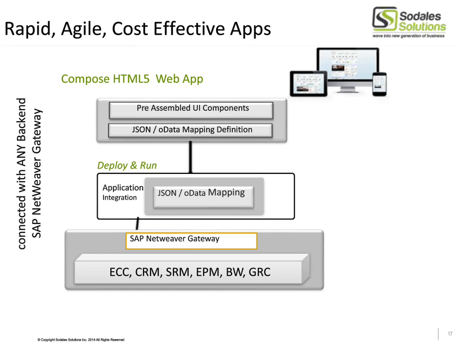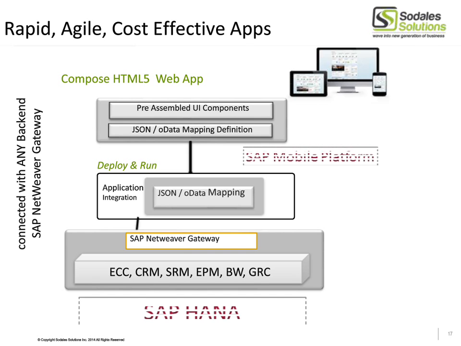And then second step is that you can then integrate, if you're already using Mobile Platform and HANA, you can integrate that with that as well. So different types of apps will need different types of, especially if they're analytical apps, you're going to need HANA as well. So in this case, I think what we are trying to say is that you have a solution out there that works with your current IT and SAP investments that can help you get there.